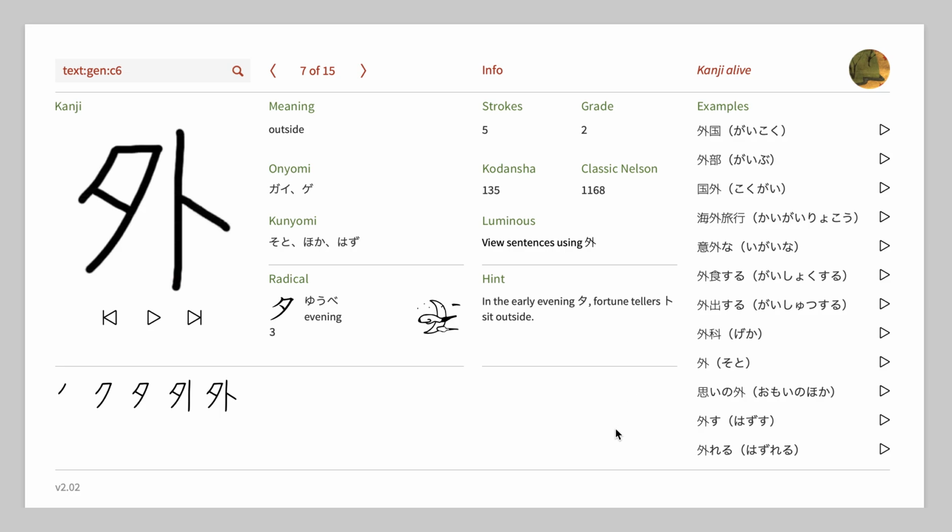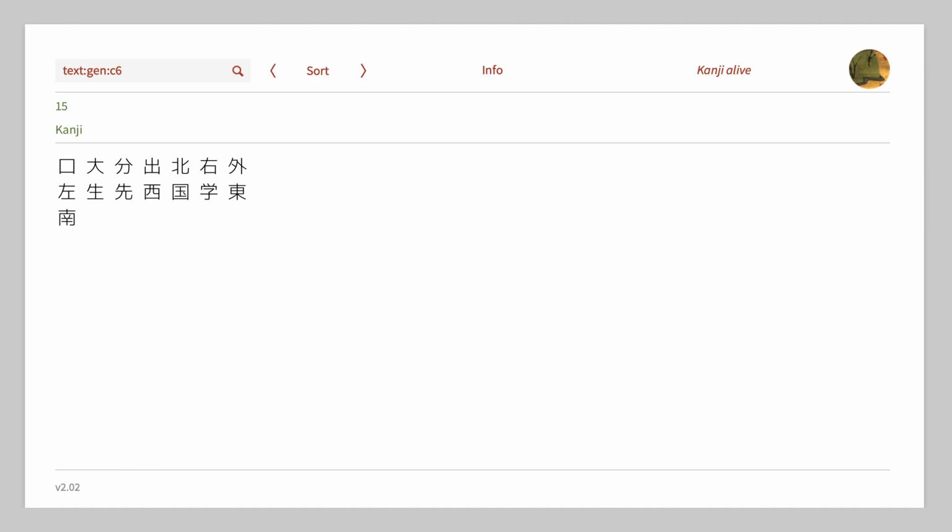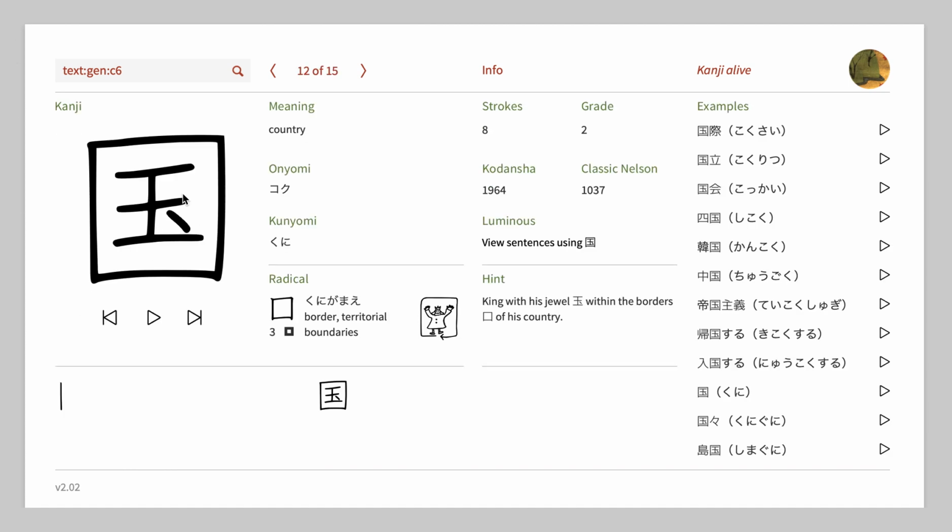And then some verbs that use this character. Hazusu, to remove. Hazureru, to become disconnected. Our final kanji for this lesson 6 is the kanji for country. Notice that it includes this border kunigamae radical.